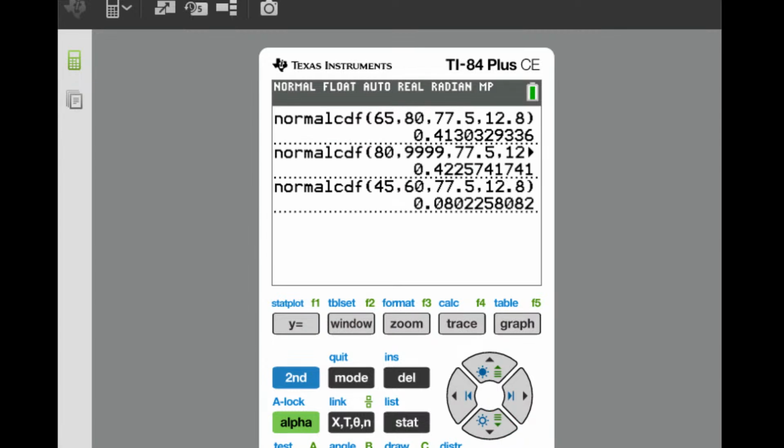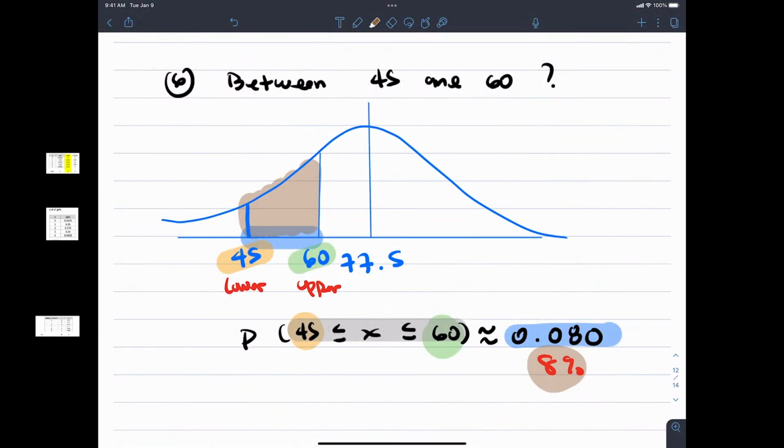What do you get? 0.08 what? 0.08, so 8%. Okay, so 8% of the bell is shaded. What that means, 8% of the population lives between 45 and 60 years of age. Lifespan.